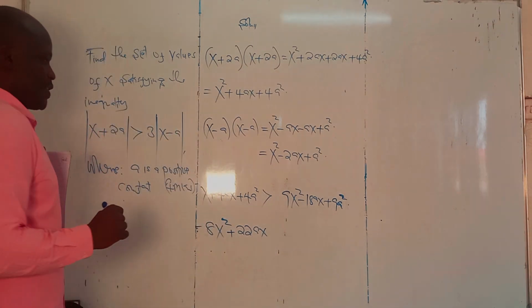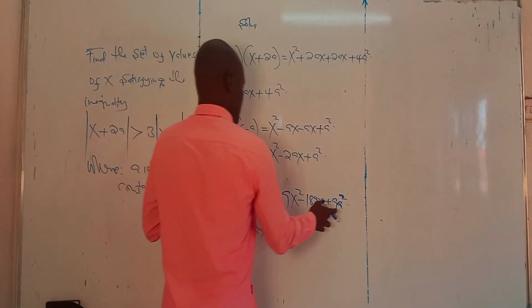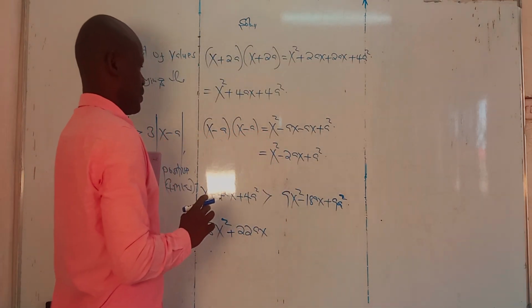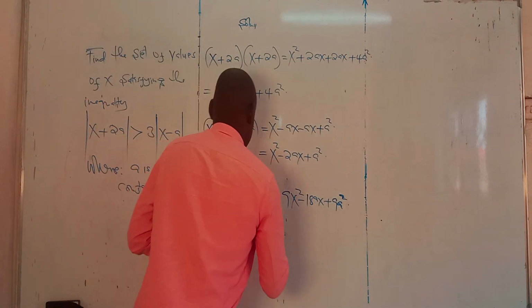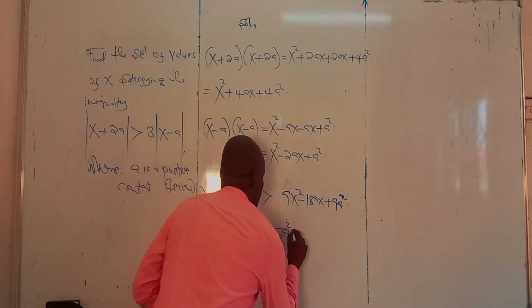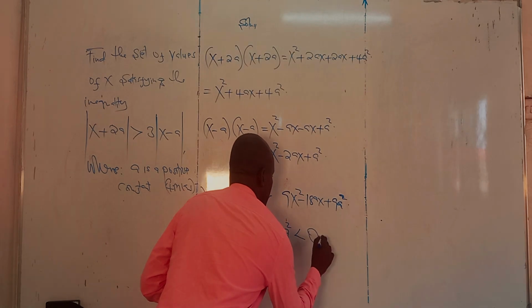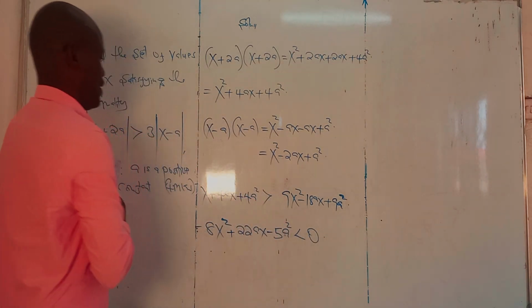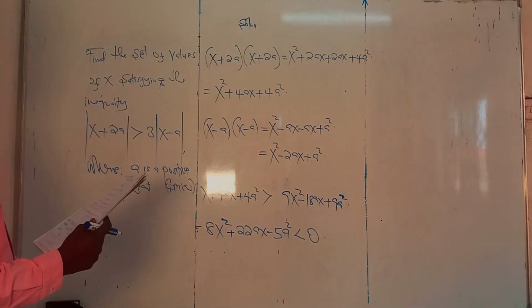I bring this, it will be a minus, so it becomes minus 5a squared is less than 0. That's what I have.